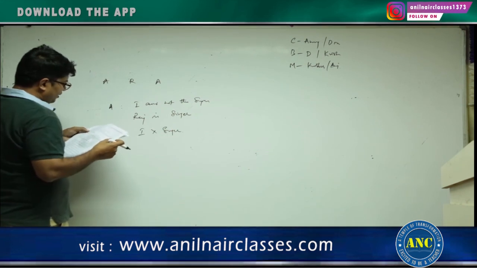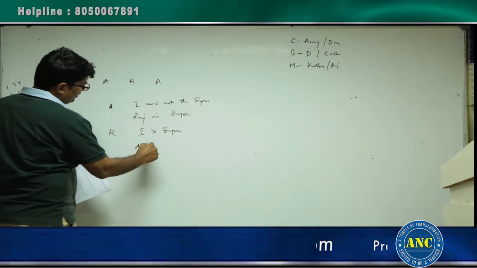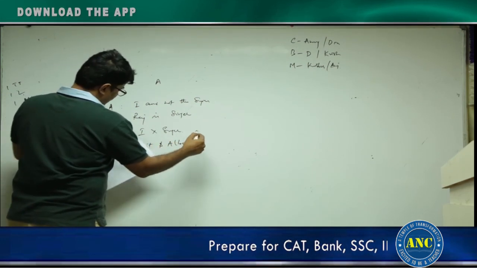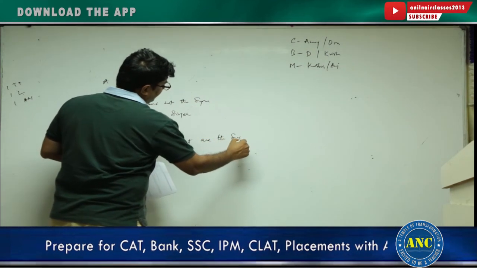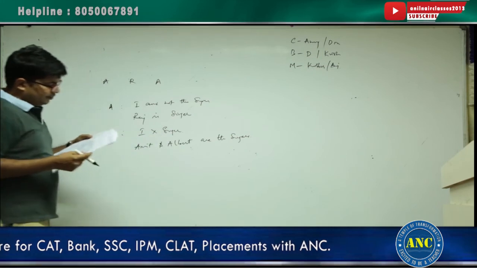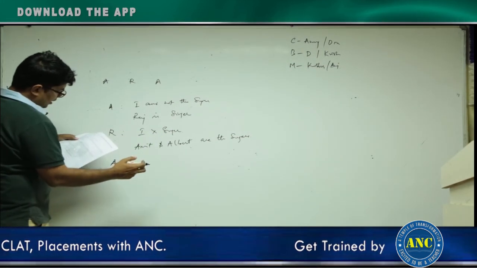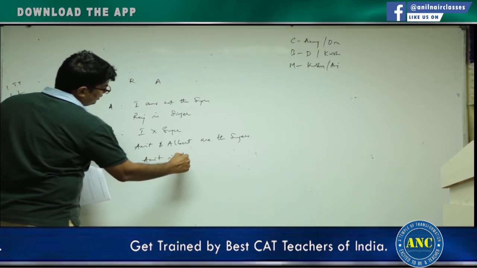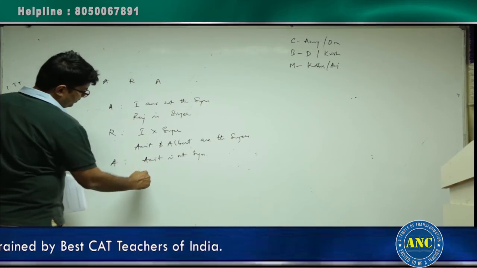Albert says, Amit and Albert are the singers. Amit is not the singer. Raja is not the singer.